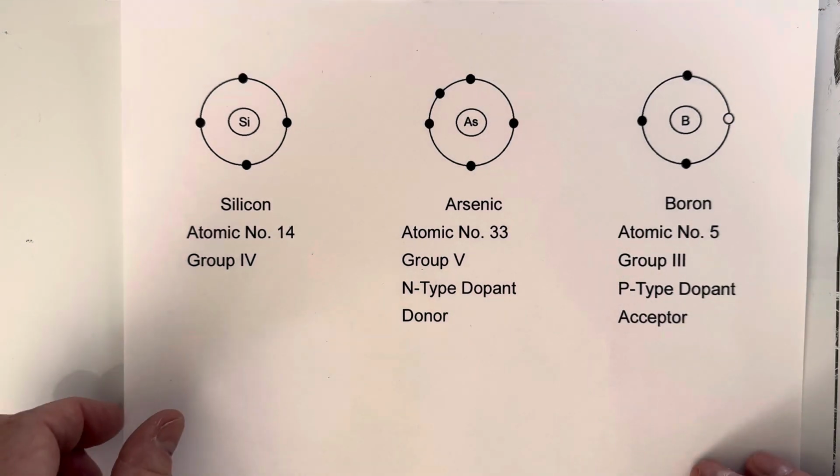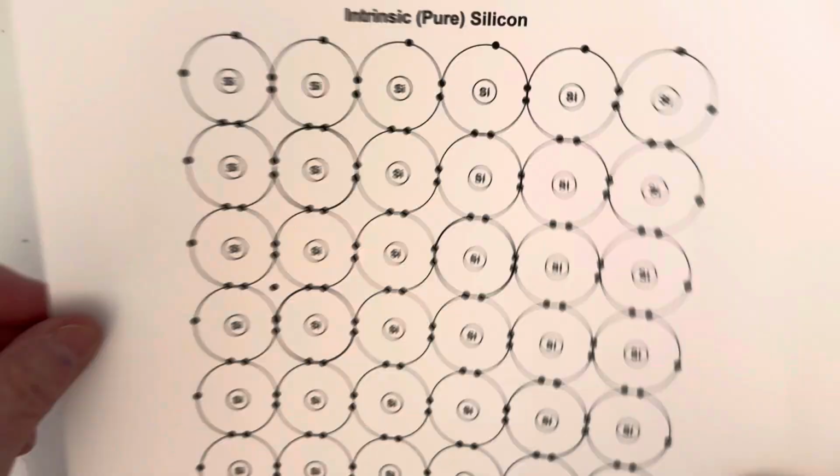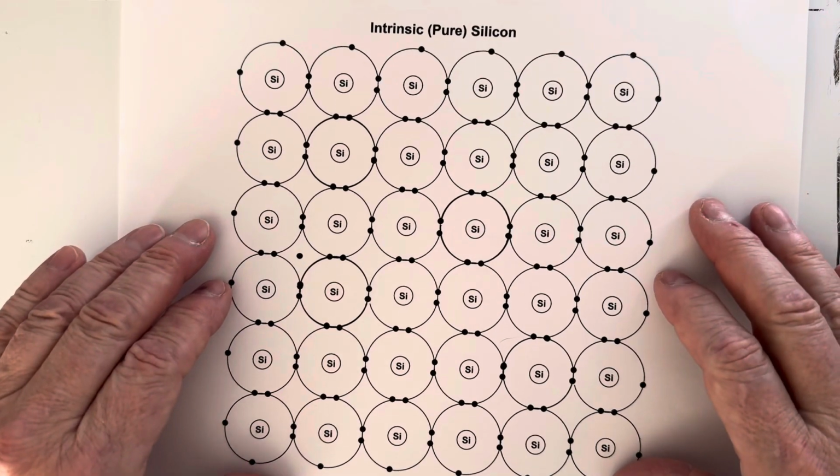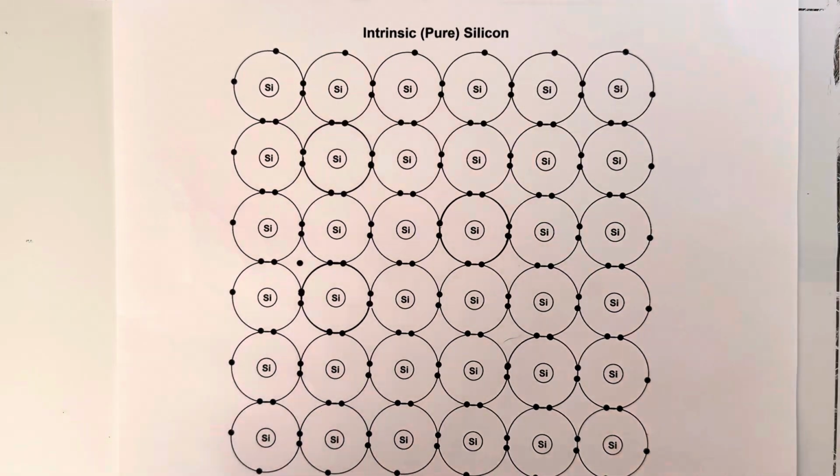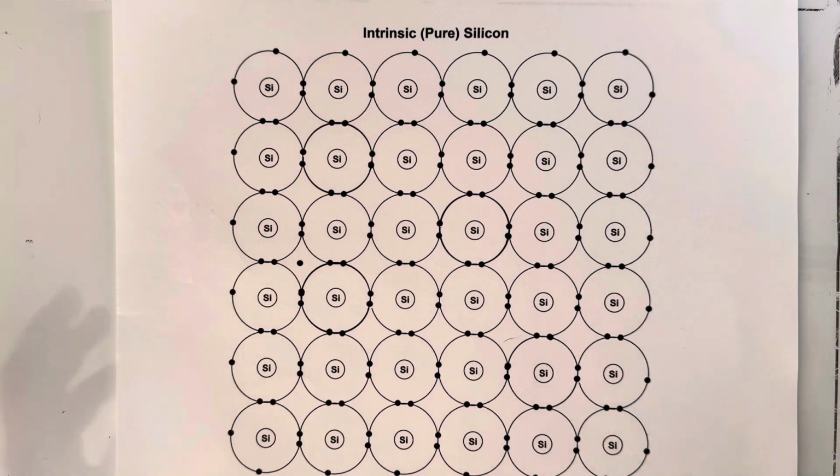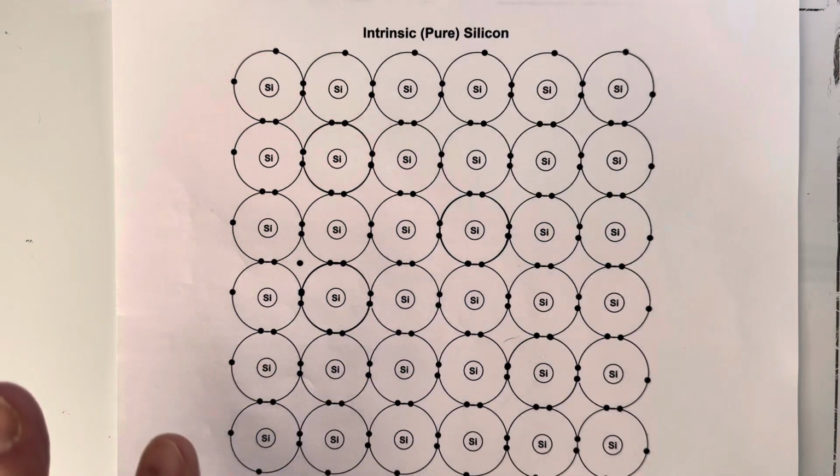All right, let's move on and talk about pure silicon for a minute. All right, if we melt silicon and let it solidify, it forms a regular crystalline structure, and in this case it's just a one-dimensional cross section.